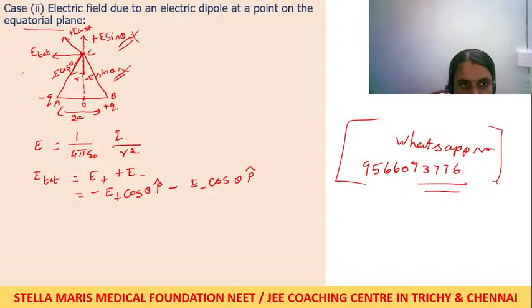When we consider the graph, this will be the positive side and this will be the negative side, so both have the negative sign. The modulus of E plus is equal to E minus, and when we consider the modulus, the negative signs will not be present. So it is 1 by 4 pi epsilon naught Q divided by the distance squared.